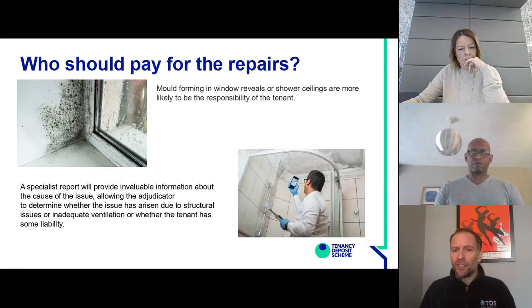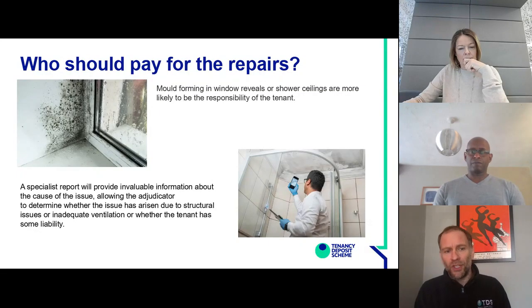And what adjudicators are often provided with, and what is really helpful, is a specialist report. This will give the adjudicator something to hang the hat on, to assist the adjudicator in determining what the problem is. Because that specialist report might be able to say things like, in their opinion, there was adequate ventilation, the extractor fans were all working, there were trickle vents, but at the time of the inspection, we noticed the tenant had 5 clothes racks full of soaking wet washing, and they hadn't opened the windows or whatever.